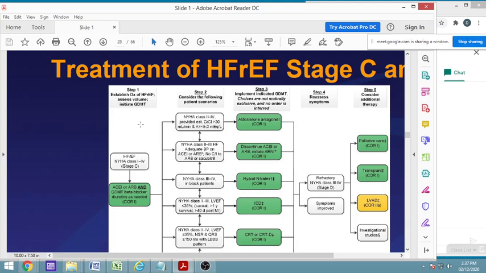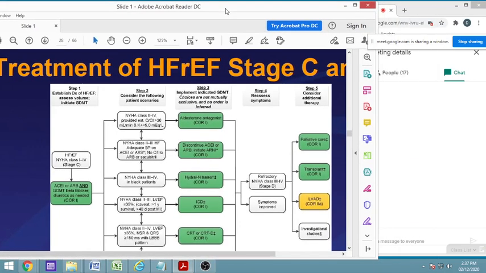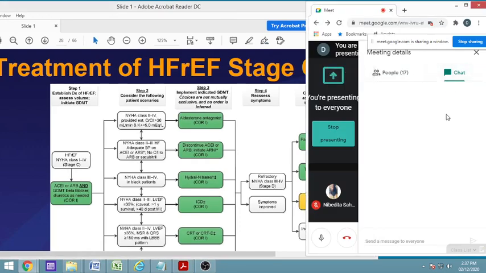What is sacubitril? Can anybody answer? No one?